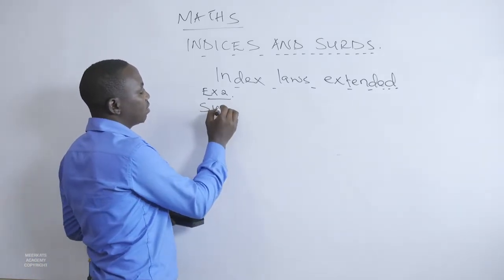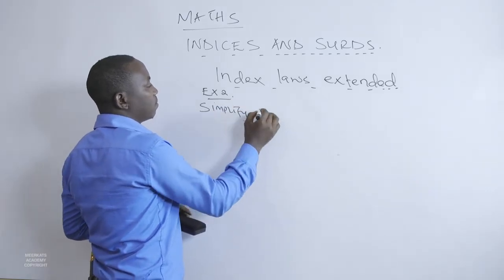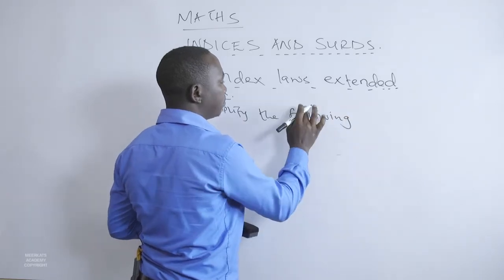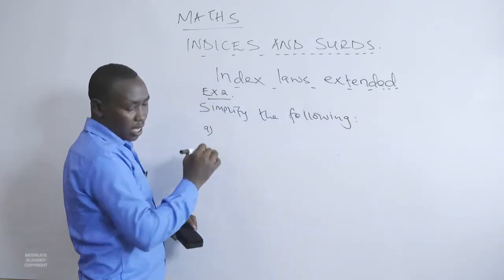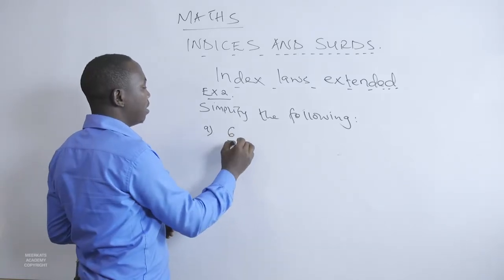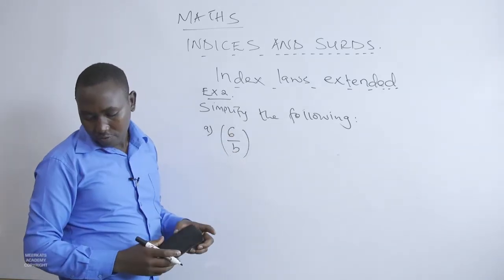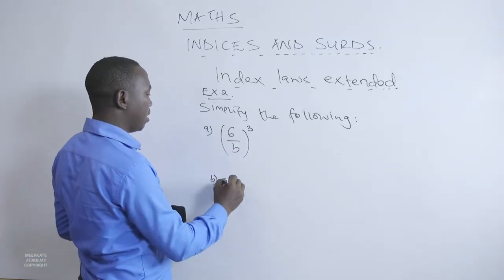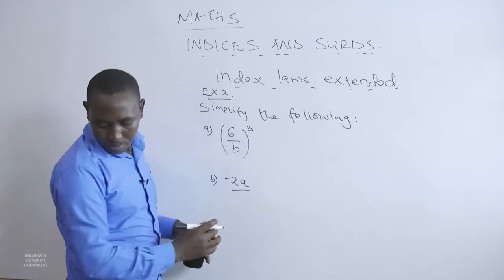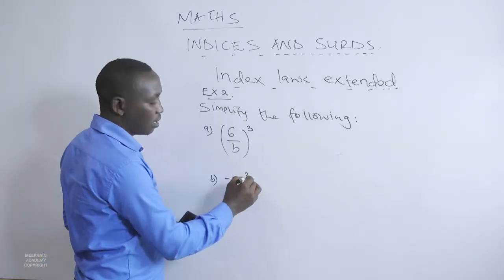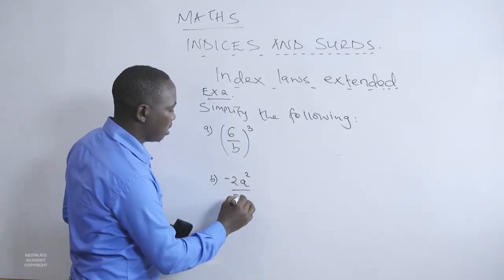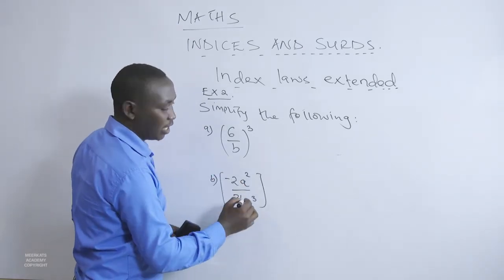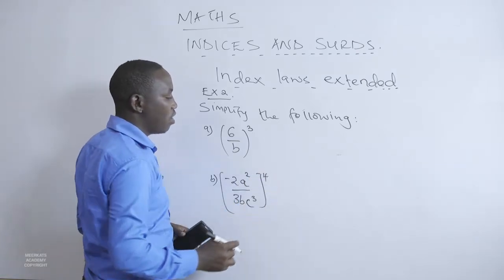Simplify the following. Number 1, we have 6 over b, the whole of it raised to the power of 3, and number 2, negative 2a squared over 3b c cubed, the whole of it raised to the power of 4.